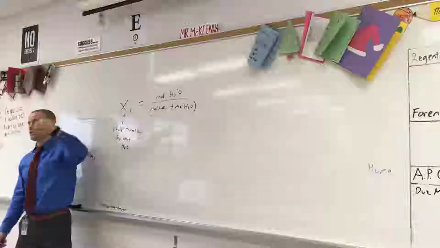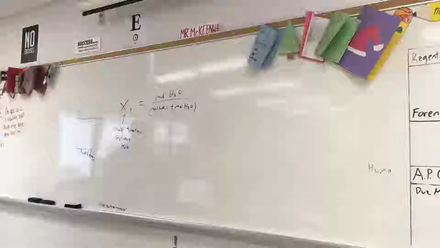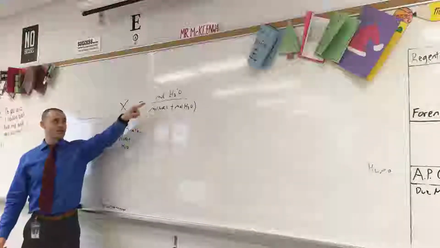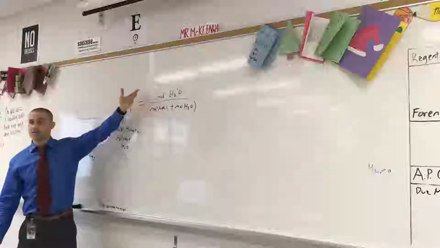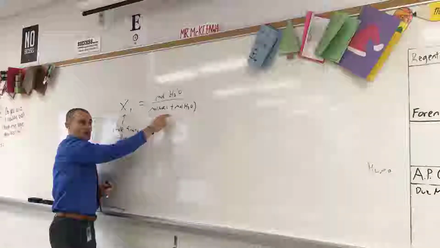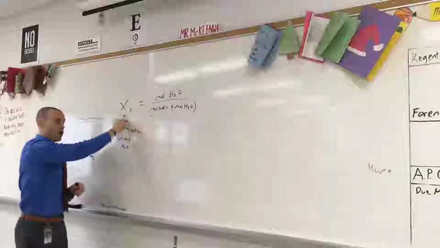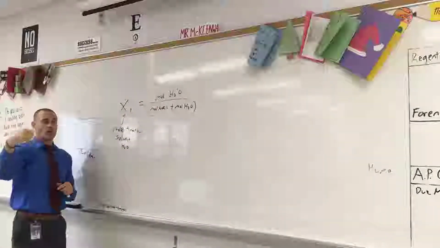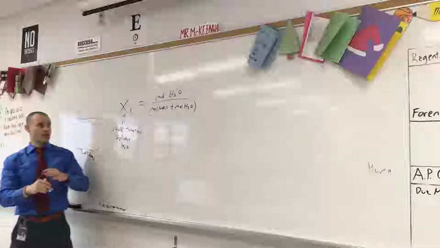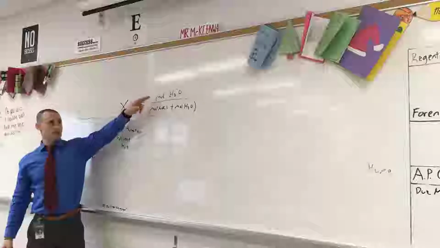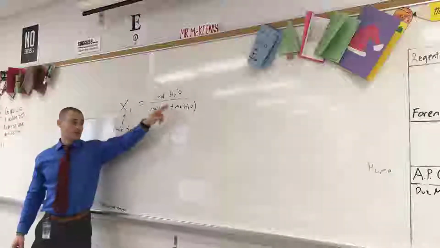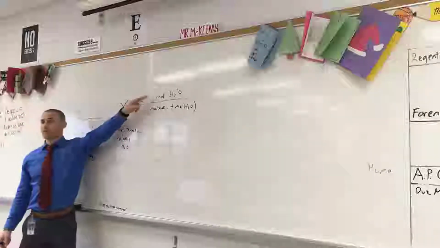The mole fraction cannot be 1. It's always less than 1. But I will say the mole fraction of the salt, so if we were to reverse this and do moles of salt over total moles, your mole fraction of water and your mole fraction of salt will always equal 1, which is like 100%. So for these problems, we only need moles of your solvent divided by total moles. So this is always the solvent moles on top.